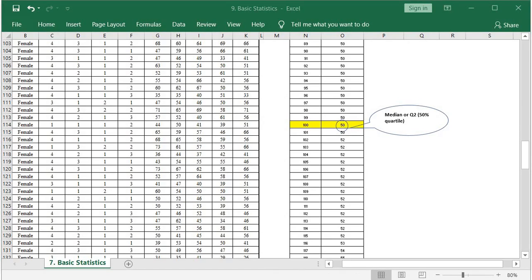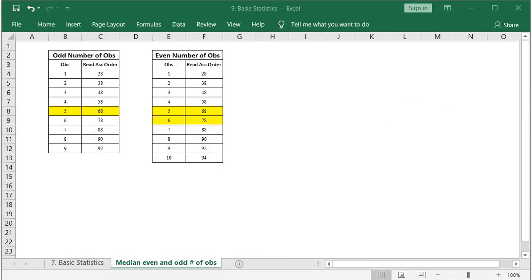Now let's try to understand how we calculate median with odd and even numbers of observations. Taking a look at the table on the left side, we have 9 observations in the table. This variable is observation. Out of the 9 observations, in case we want to find the median, the formula would be n plus 1 divided by 2, which is number of observations plus 1 divided by 2.